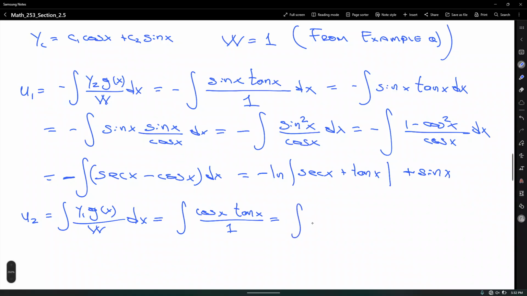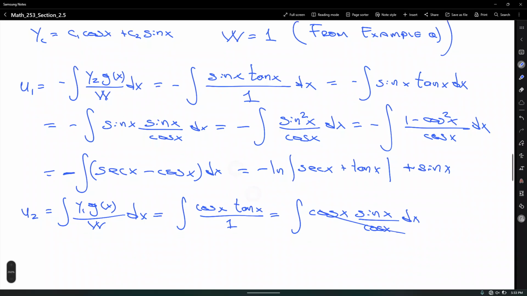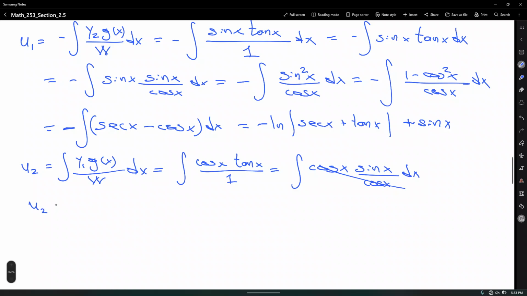This is the integral of cosine and tangent, which is sine x over cosine x dx. Boom, cosines go away. And we will simply end up integrating sine. What's the integral of sine? Negative cosine x.